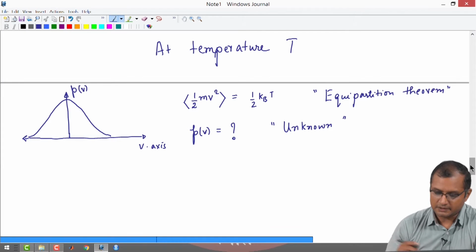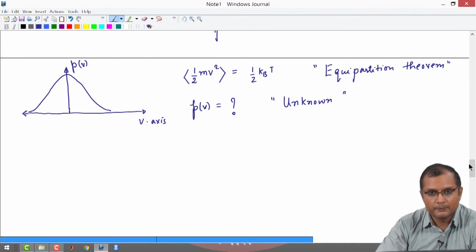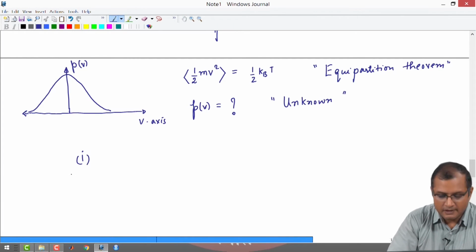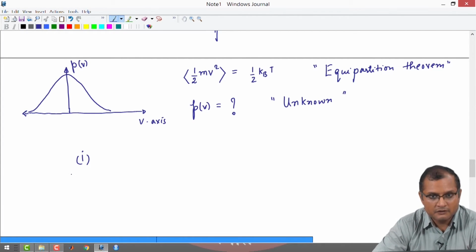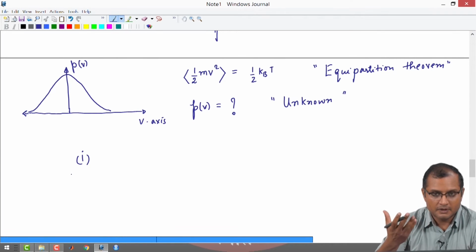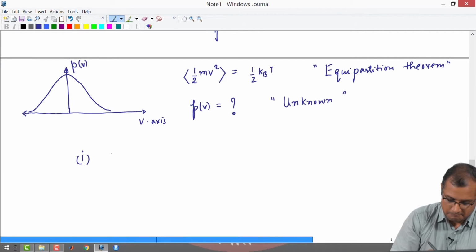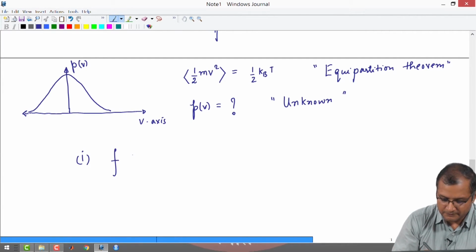So, we will prove that. Now, what are the ingredients needed for this proof? Well, first I definitely need to know the function that I am going to optimize or maximize, and that function is basically my entropy.